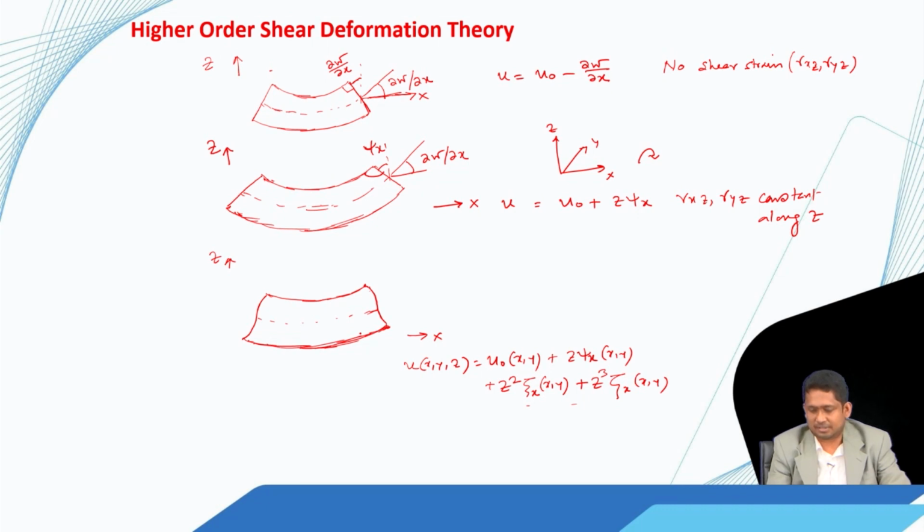So, here the shear strains gamma xy, gamma yz and gamma xz need not be constant along z. So, gamma xz, gamma yz are not constant along z.